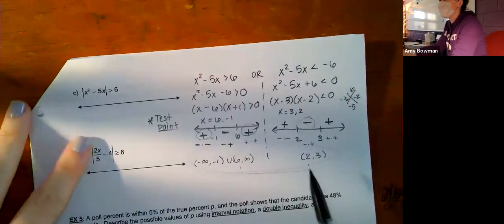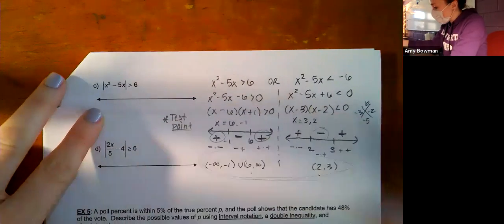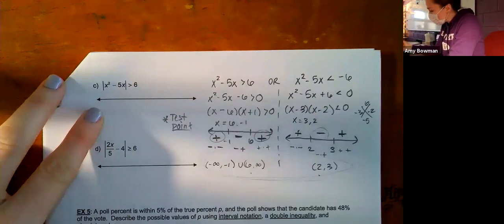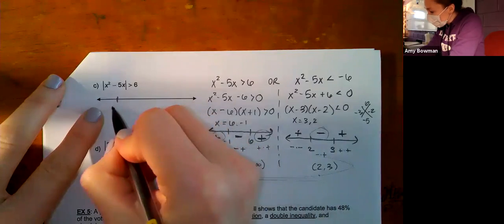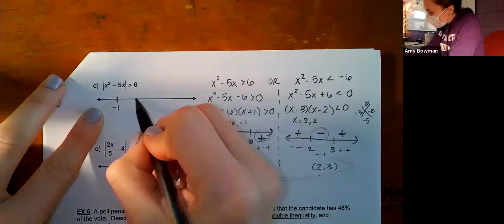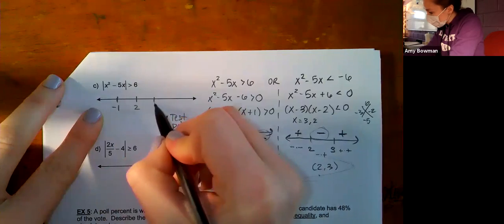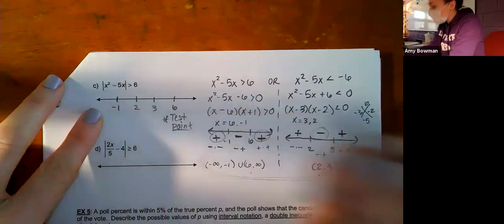So when we represent that solution visually, we've got several boundary points on our number line. We've got -1, then I have 2, 3, and 6.